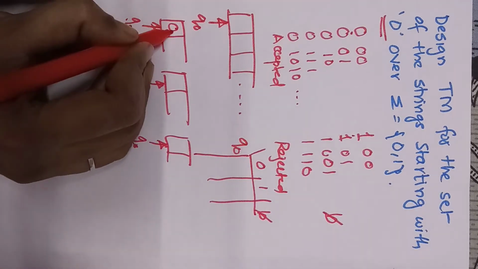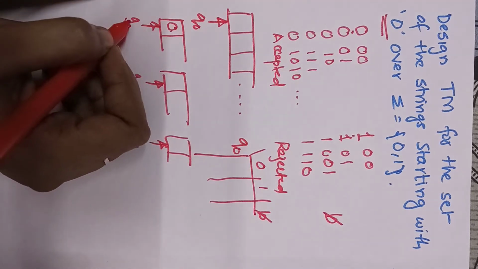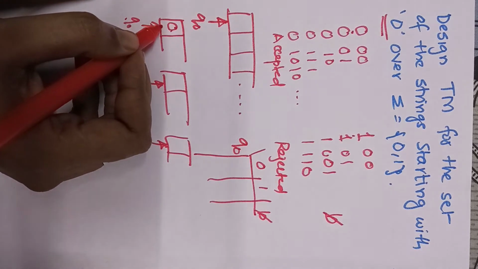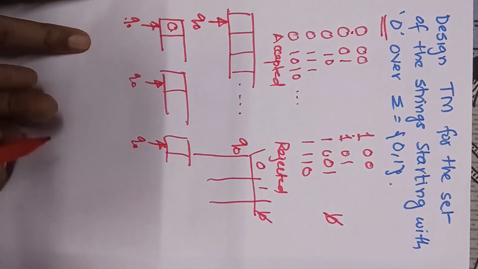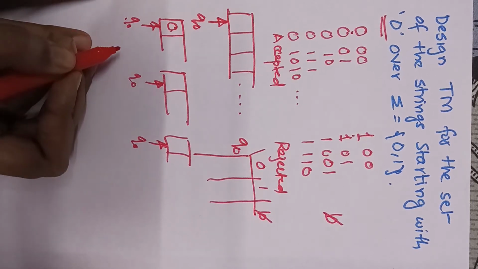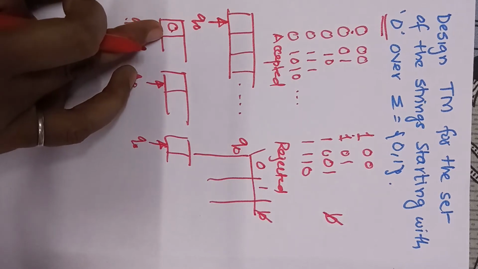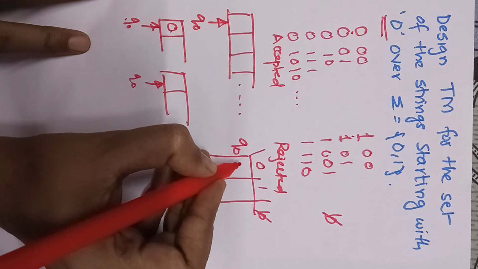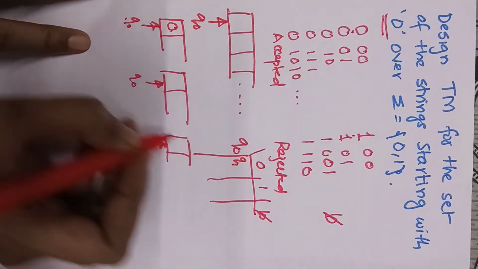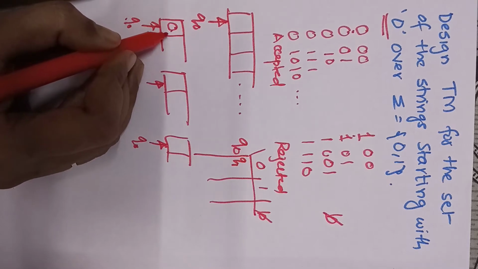Now q0 is 0. What is my algorithm? If q0 is on the initial position and we got the first bit as 0, which is required in our question, this is the required string. As this is a required string, I can change the condition at the first place 0 by marking the new state as q1. And what am I doing with the 0? Am I replacing 0 by some other symbol?